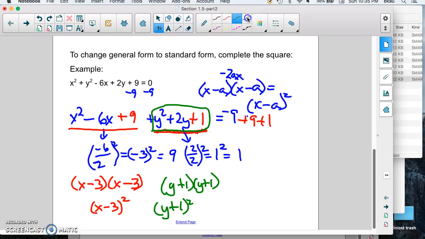So that means we have the second part of the standard equation. Now what's nice is this side over here was equal to 1. Negative 9 plus 9 plus 1 is equal to 1.